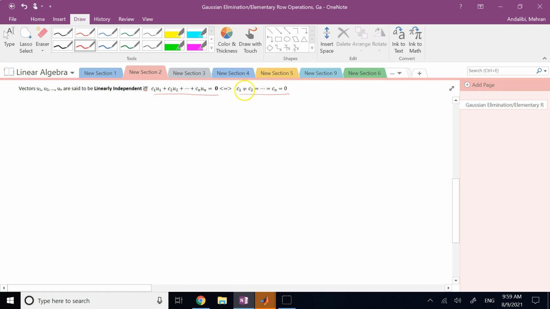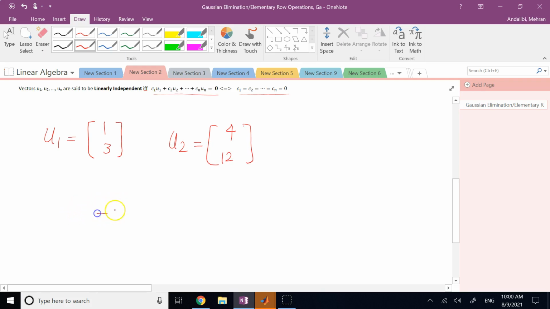So let's say even if one or two of them are non-zero, when you combine linearly, will end up to a vector 0. So for example, if I have vector u1 equal to, let's say, 1 and 3, and if I have vector u2 to be like, let's say, 4 and 12, then these two vectors are not linearly independent. Why?